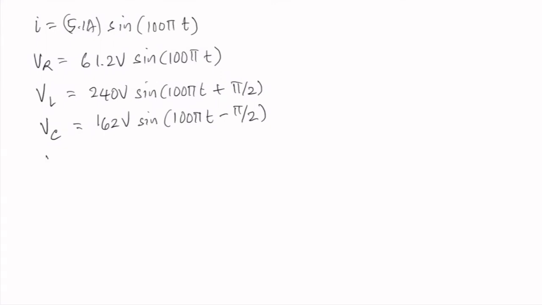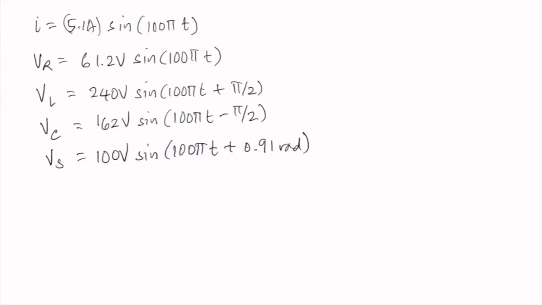Finally, for the source voltage, we have 100 volts times sine of 100 pi t plus the phase angle, which is 0.91 radians.